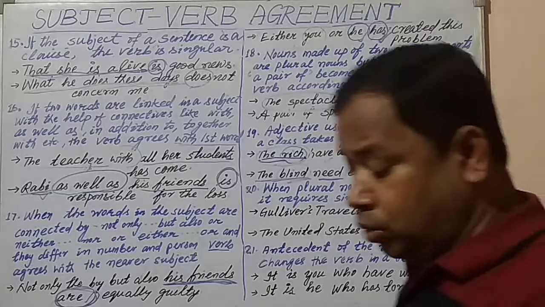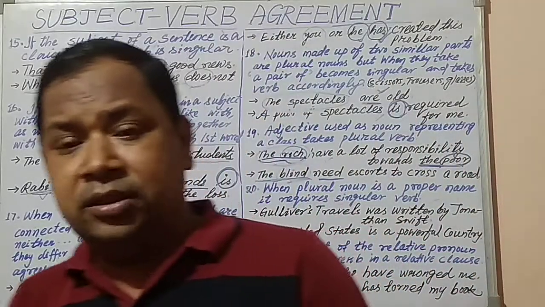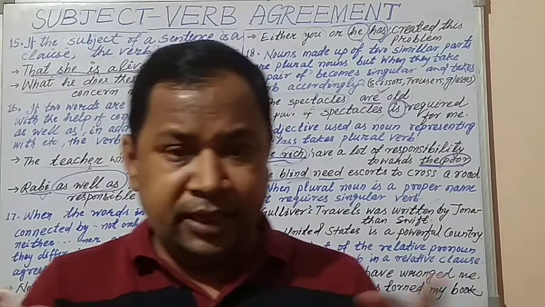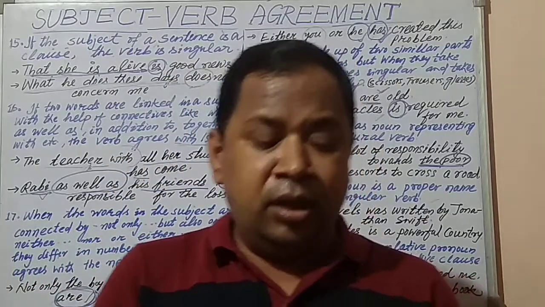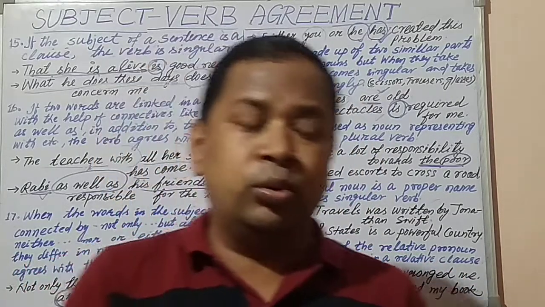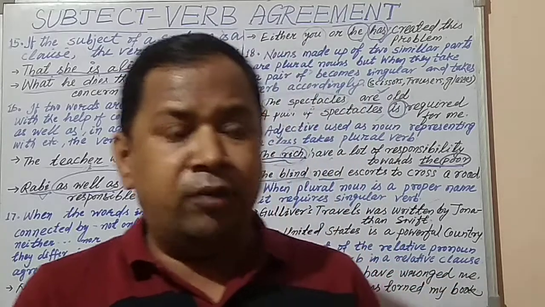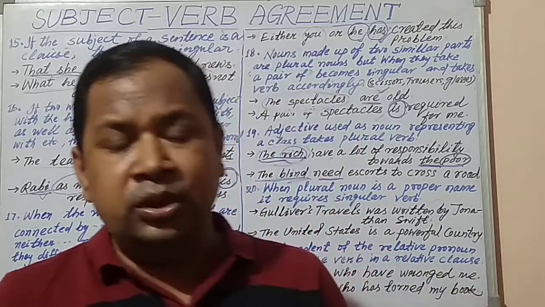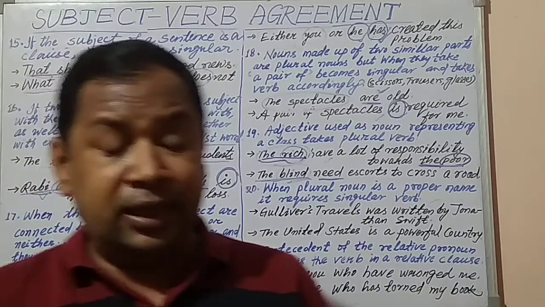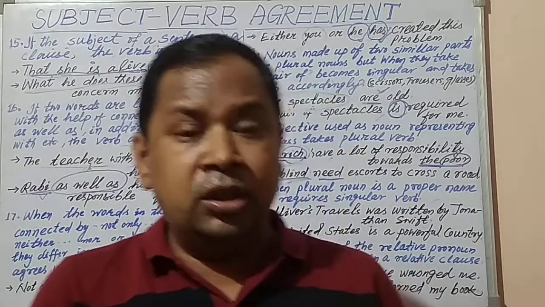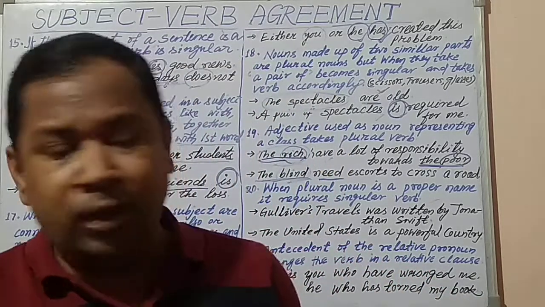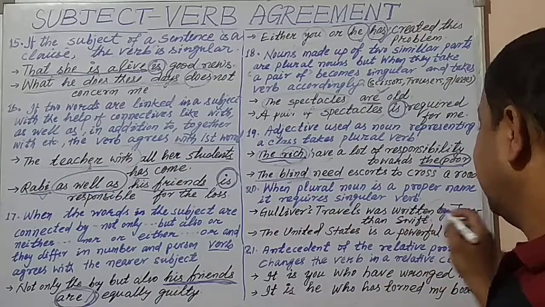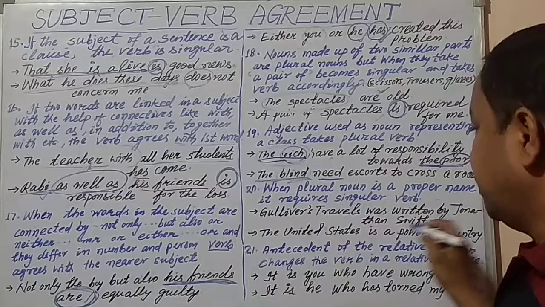Dear students, when a writer has many poems or many writings that are collected in one group or in one book, when a collection of poems is printed in one book, those are plural, but they will be treated as singular. For example, you see here Gulliver's Travels was written by Jonathan Swift.